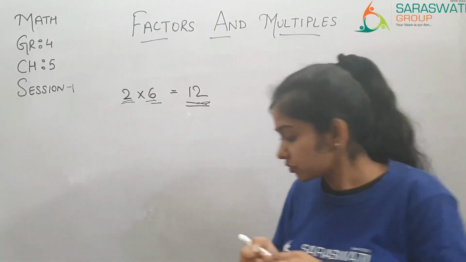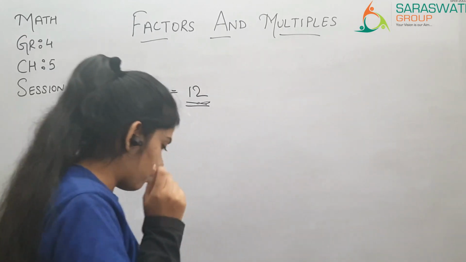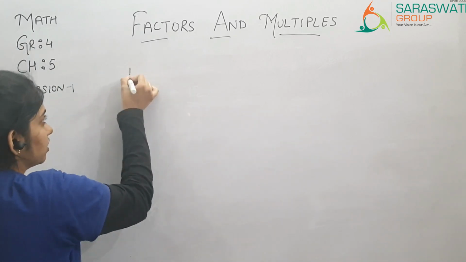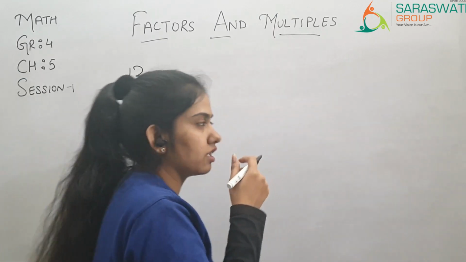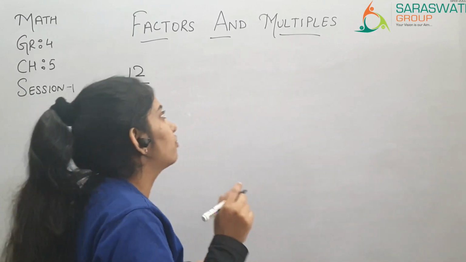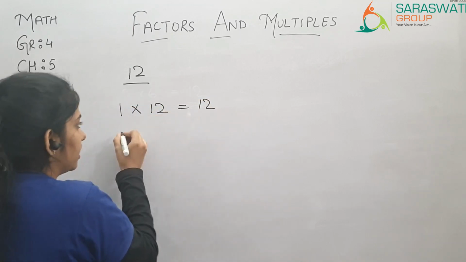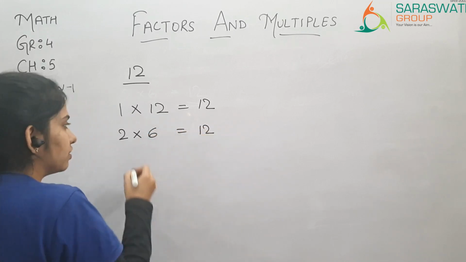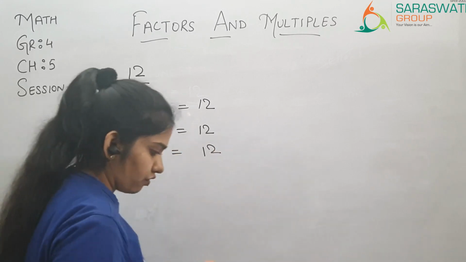So if I say, what are the factors of 12? 12 ના factors આપણે કરવાના છે. First of all we will write 12, તો કયા કયા tables માં આપણને આવે? The first is 1 12s are 12, then 2 6s are 12, 3 4s are 12, right?